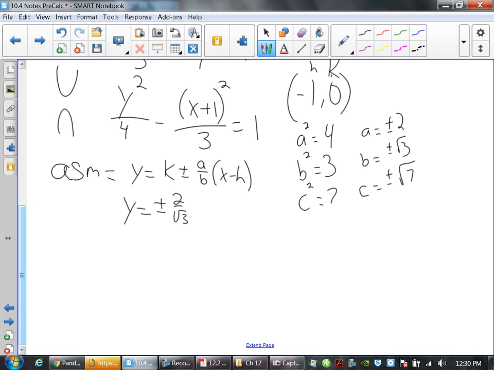Which, yeah, what would it be then? 2 root 3 over 3. So it becomes 2 root 3 over 3 times x plus 1. And those are your asymptotes then.